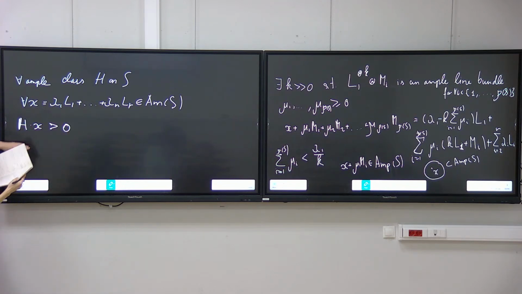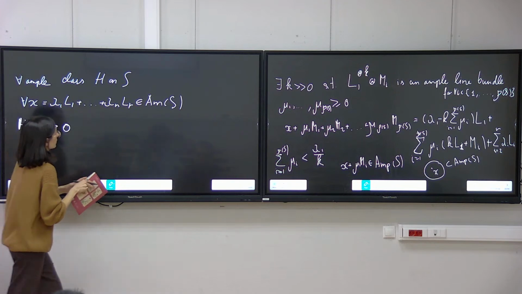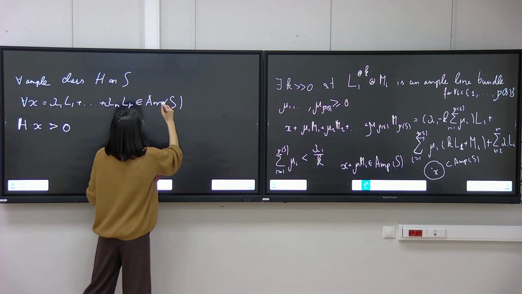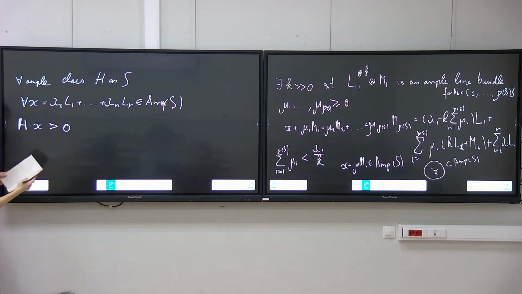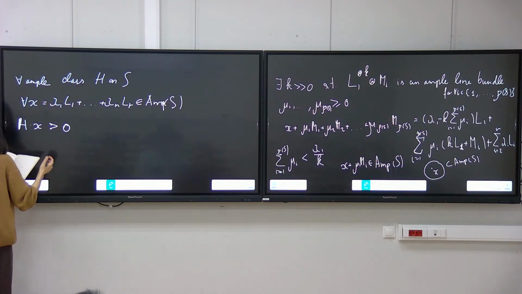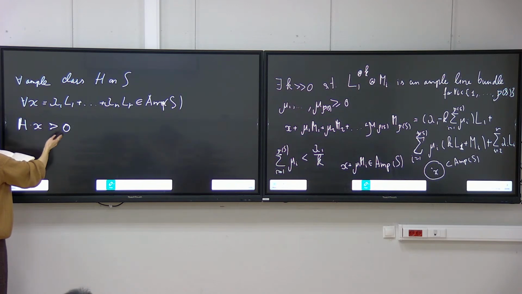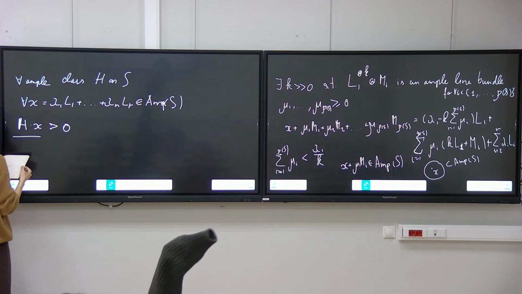Hx is definitely positive just because these are ample line bundles, and this is an ample class. Okay, so we immediately obtain the second statement of our lemma.